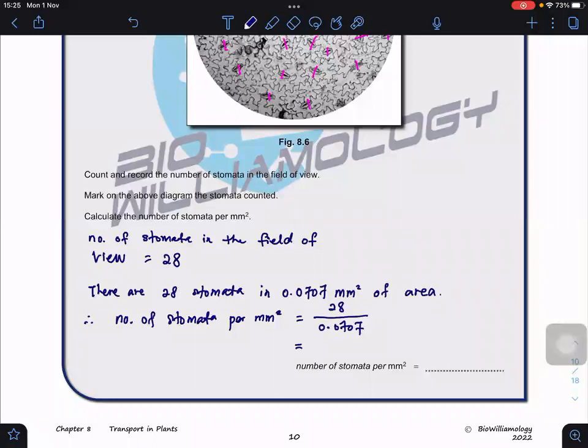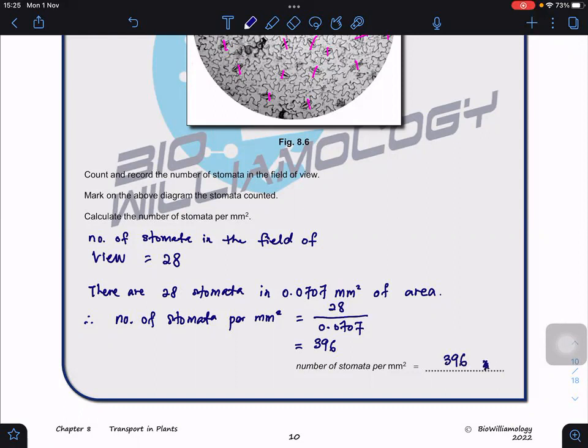Sorry, 28 divided by 0.0707. You get an answer of 396.0-something, but it's a number of stomata. The number of stomata must be a whole number. So the answer I have here is 396. The number of stomata per mm squared is 396 stomata.